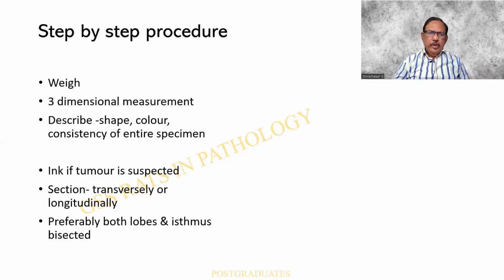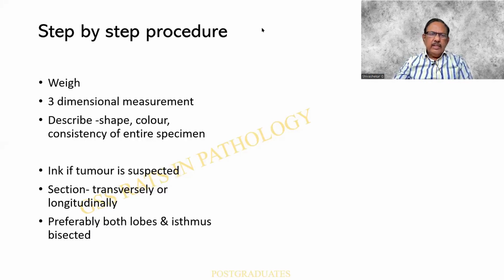Step-by-step procedure. So, the weight. What we students always forget to do, even in the examination, is that we do the measurement but we do not weigh the organ. This is mandatory. And a three-dimensional measurement: the length, breadth, as well as the thickness. The subheadings are almost similar to a surgical examination of a lump.